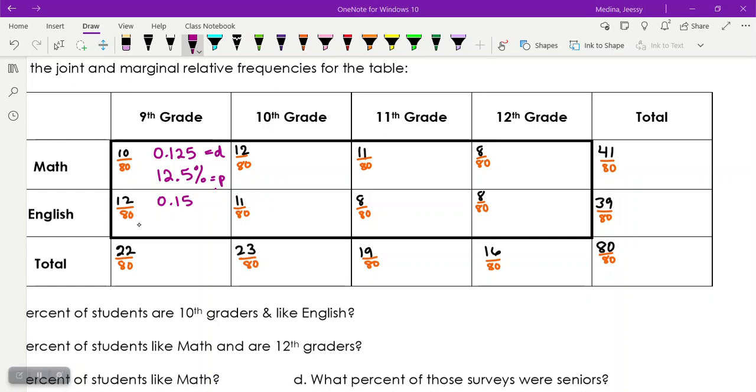Can I have the percents, please? This is 15%. What is the bottom one? Percent. Thank you. All right, this one, what's the percent? All right, next one.